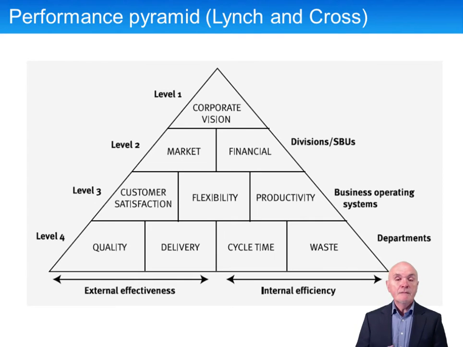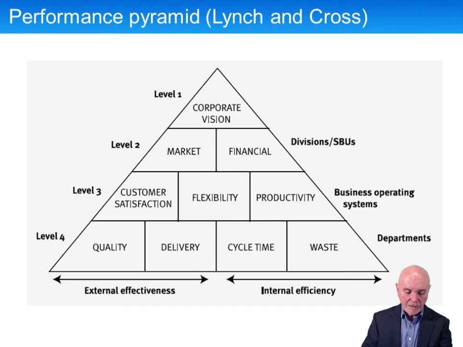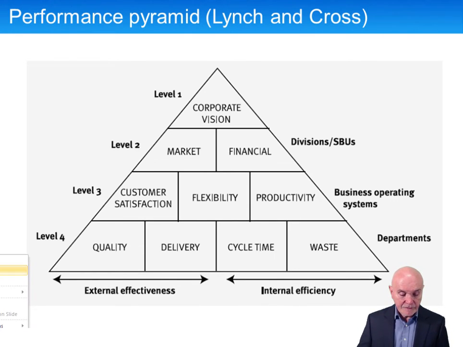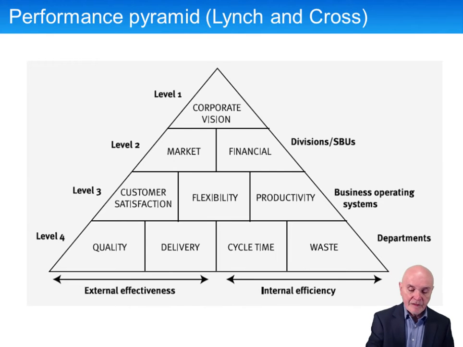The performance pyramid of Lynch and Cross, slightly more complicated, perhaps to understand. But what it is looking at here is we start at the top of the organization, and we have a corporate vision.